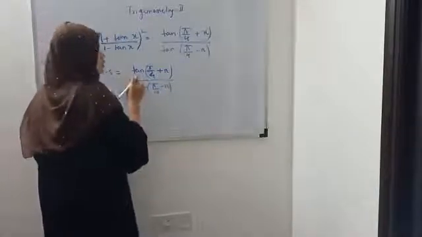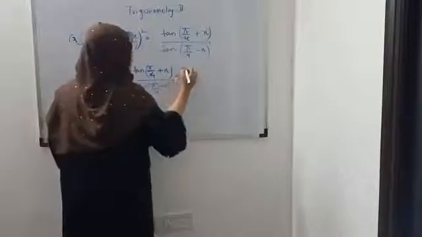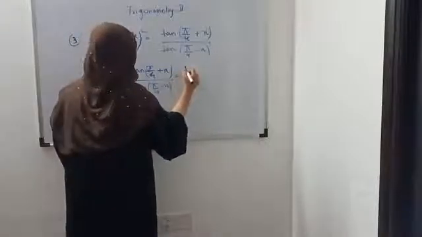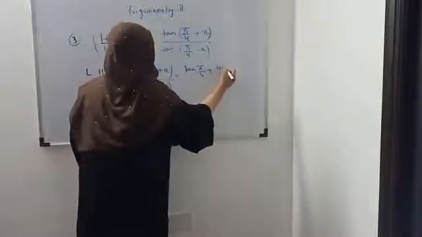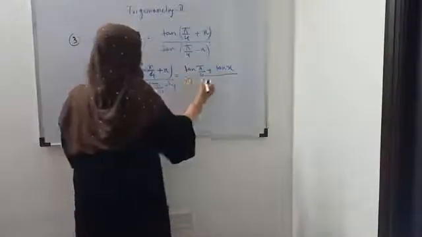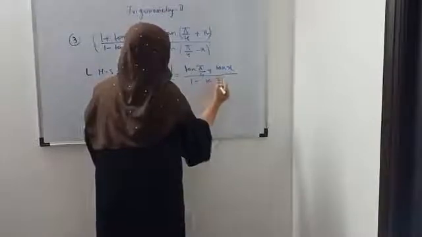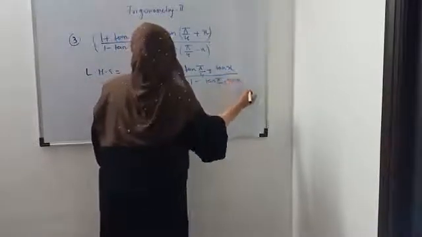So we will use the formula of tan(a + b), which is equal to (tan a + tan b) divided by (1 - tan a tan b).